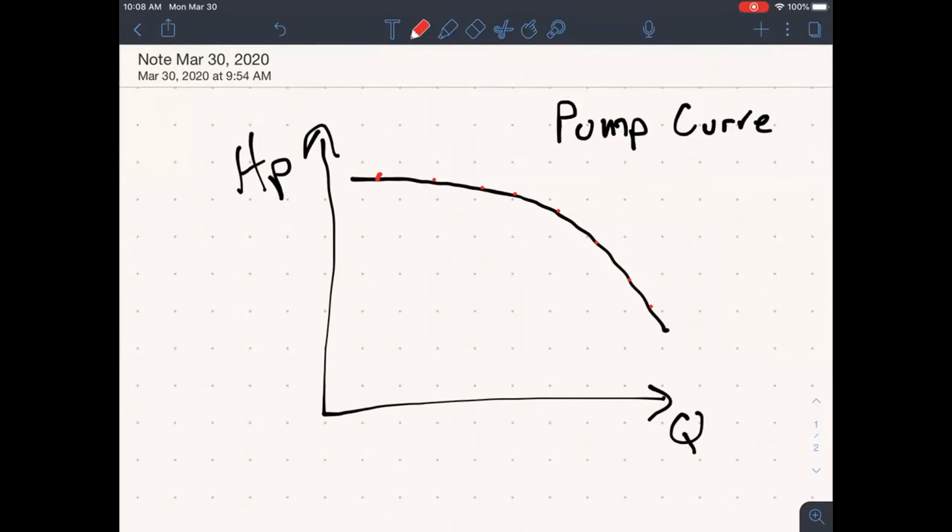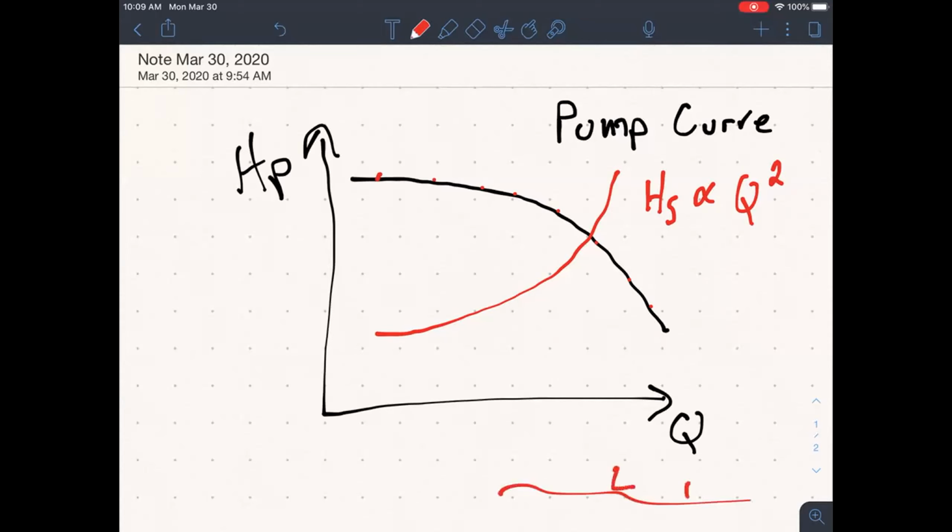Then we have our system curve, which we'll call the head of the system, and it's proportional to the square of the discharge due to the Darcy-Weisbach equation, or the Chezy equation. It's close to the square of discharge, so it's kind of like a parabola. It's a power law. The way we make our system curve is, you have your pipes of a certain length and diameter and a friction factor, and maybe there's a delta Z involved.